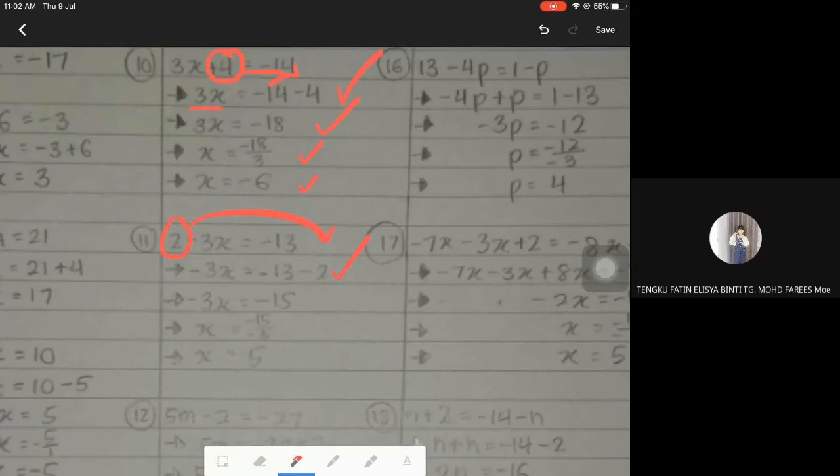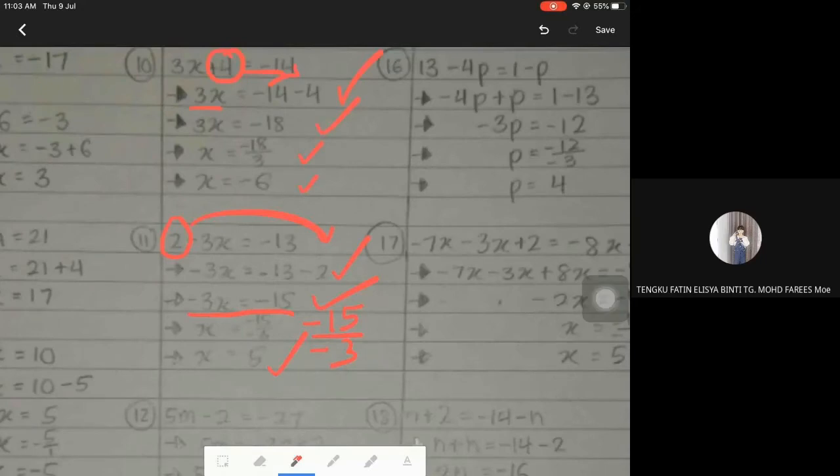And then therefore negative 3x equals to 15. Betul, negative 15. And then negative 15 divide negative 3. Okay, sebab kat sini negative 3 multiply x. So negative 3 you bring to the right side, jadi divide. Okay. Jadi negative divide negative is positive.